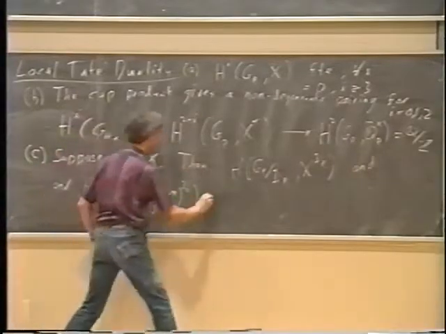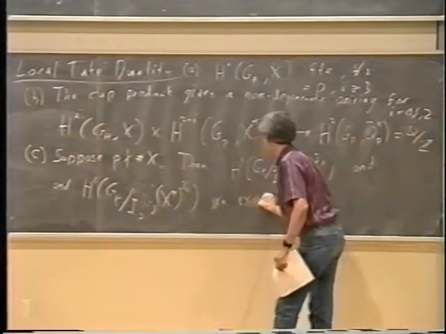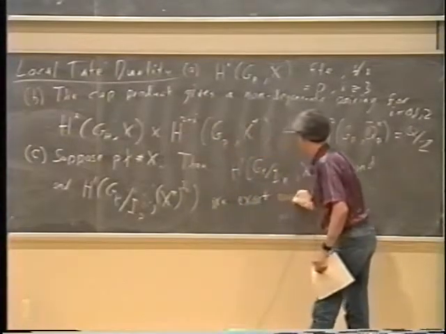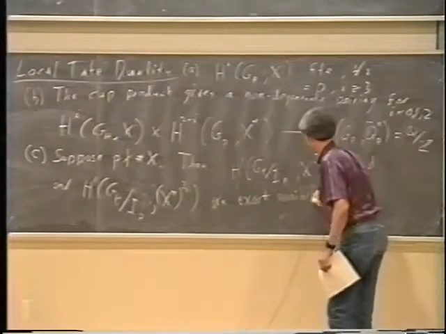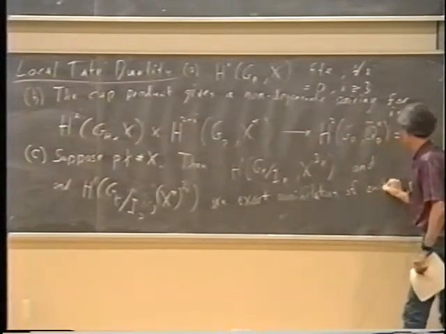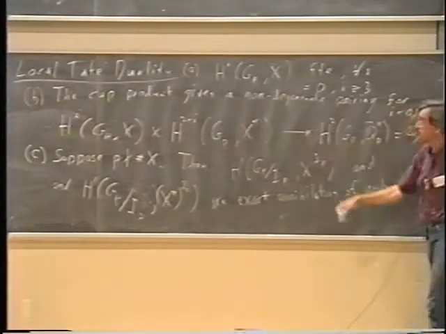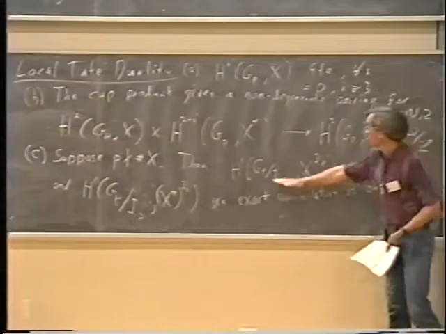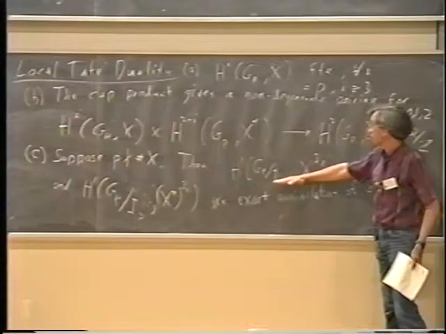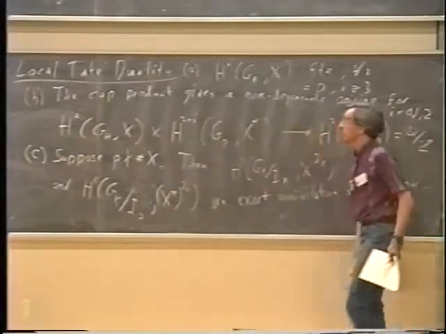They are exact annihilators of each other in this pairing. So if you look at everything that pairs to 0 with all the unramified classes here, it's exactly this.